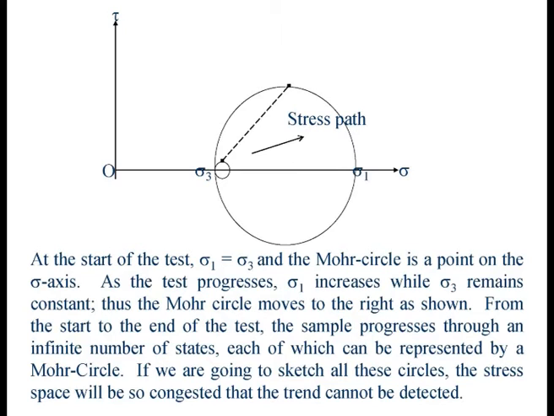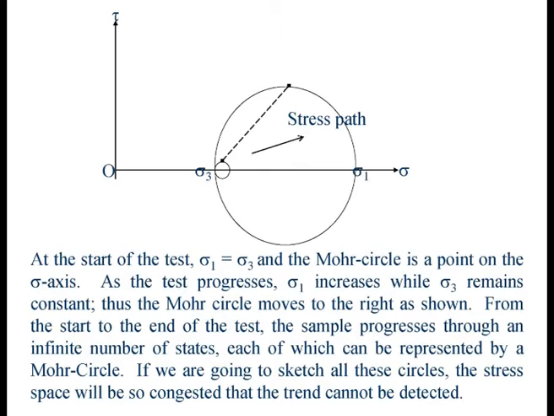Now, of course, you can say, I can plot a whole series of circles to represent the stress changes. But you realize that in a triaxial test, the number of Mohr circles you can plot is infinite, because there's an infinite number of stress states as things change, depending on how fine you want to cut it.